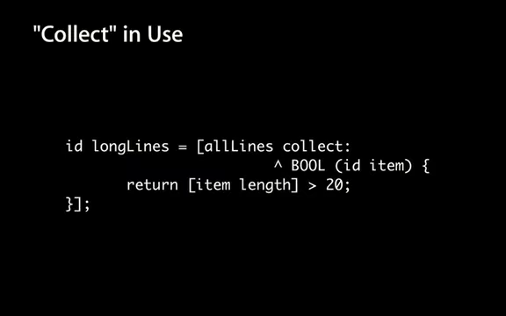Now, the syntax for this one is a little bit different. Notice the bool there. We won't talk about the syntax in great detail, but bool in this case is the return value coming back from that block. We don't use it very often. It's kind of a corner case, but it's there if you need it.